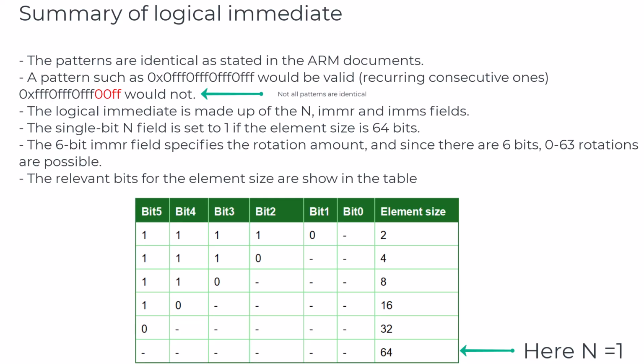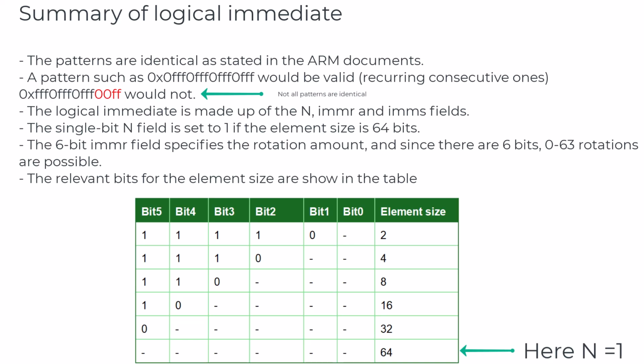When we encode logical immediate, there are 3 fields. The N bit, which is a single bit field, IMMR, which specifies the rotation amount, and the IMMS, which is shown in the table below. The IMMS field specifies the number of ones in the pattern, as well as the element size.